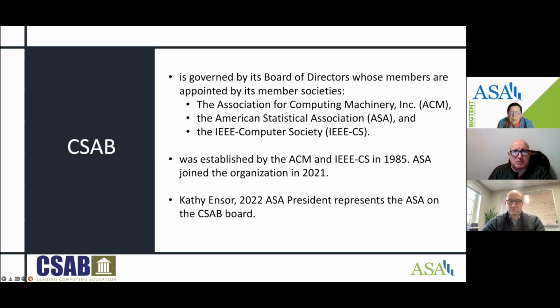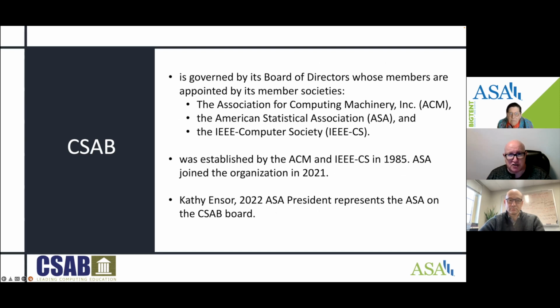So a little bit more, there's a board of directors on CSAB that consists of members of the 3 societies of CSAB. ASA is a very recent new member to this. The organization has existed a long time with ACM and IEEECS.